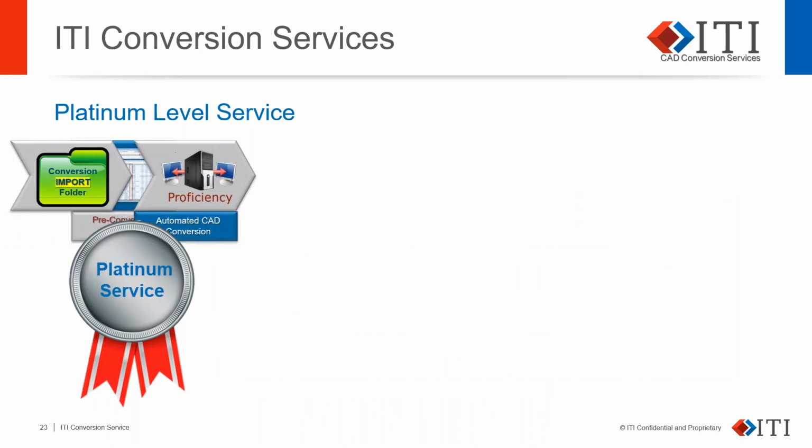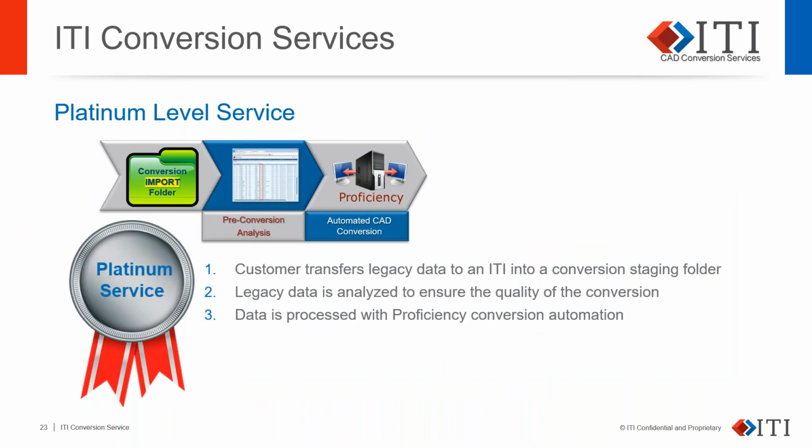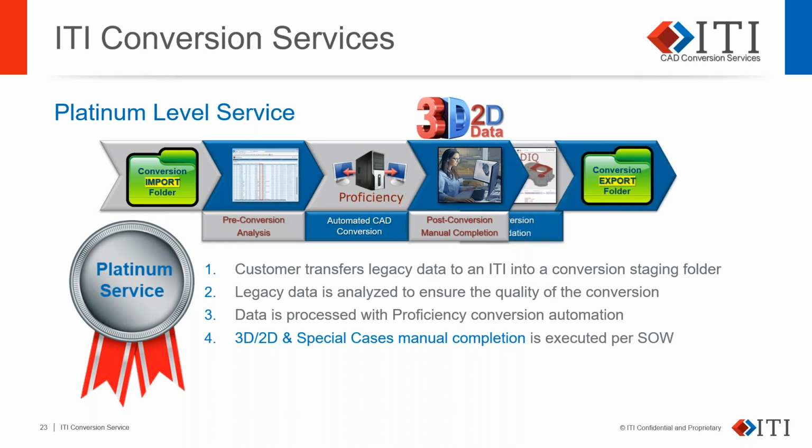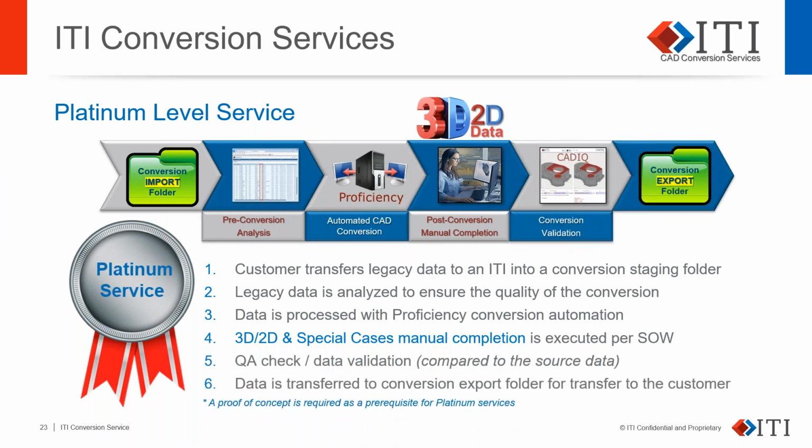Platinum services, as I'm sure you're aware by now, is very similar. The data is given to us, and this time we run manual completion on the 3D and 2D data as agreed upon beforehand in the statement of work. This data is of course then validated, as in every case, and given back to the customer via an export folder.